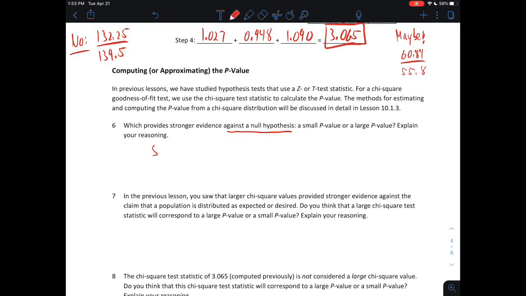So, small p-value, that means reject the null hypothesis, which means you have evidence against the null hypothesis.